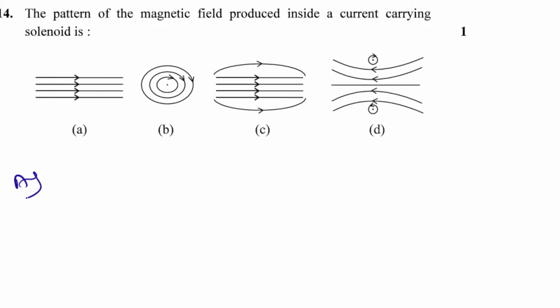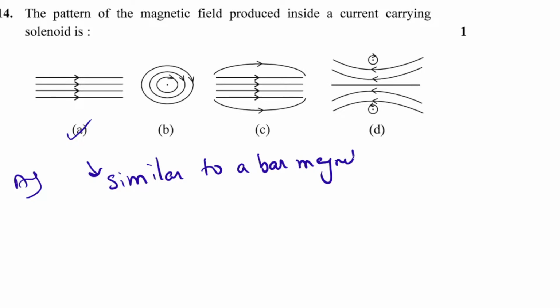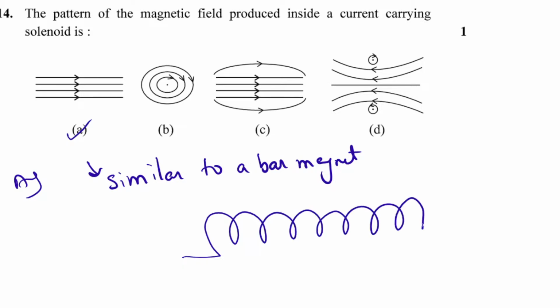14th one. The pattern of magnetic field produced inside a current carrying solenoid is. The answer should be A. Why? Because inside a solenoid it acts similar to a bar magnet. So if I say the solenoid symbol will be like this, it is a coil like structure. If you remember a spring, you can easily remember the solenoid structure.